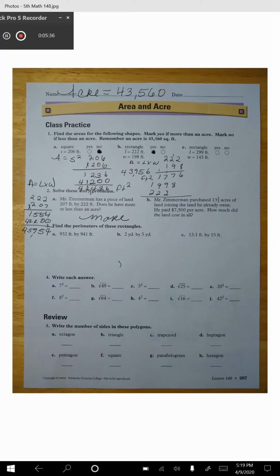So 13.5, I'm going to change 13.5 to a decimal. Okay? Because we're talking about money, so we're going to end up with decimals anyway. I'm just going to multiply that by 75, and I'll put those last two zeros in at the very end. We'll save these two zeros, make our life easy. All right, so I have 13.5 times 75.